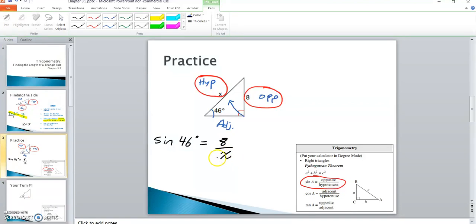Now the next step, I'm going to put a 1 underneath the sine. And my final step is to cross multiply and divide. So I'm going to cross multiply the 8 and the 1, and then I'm going to divide by sine 46.